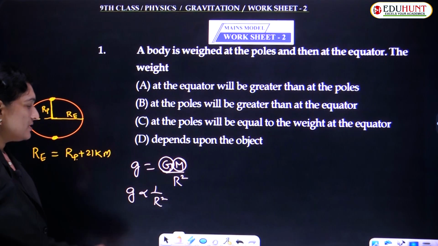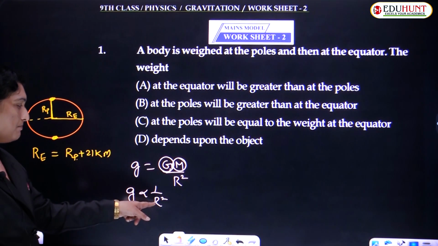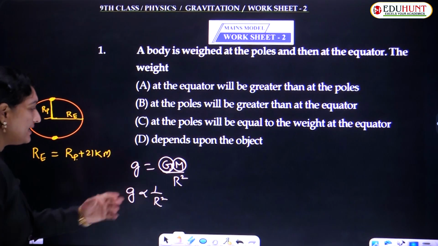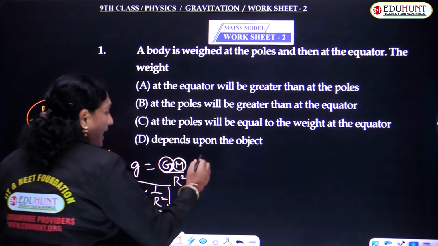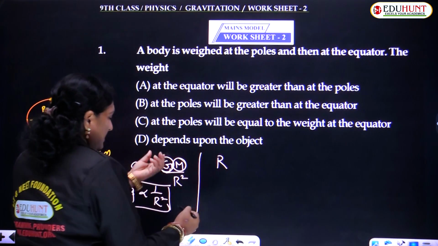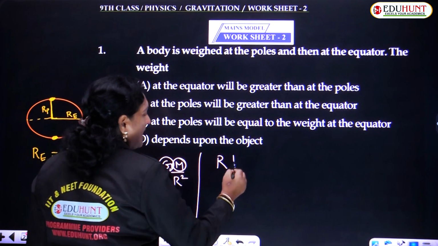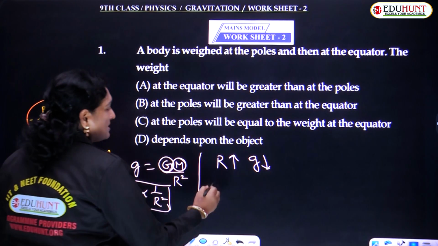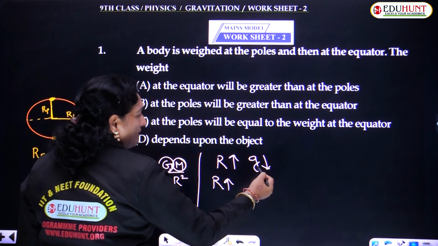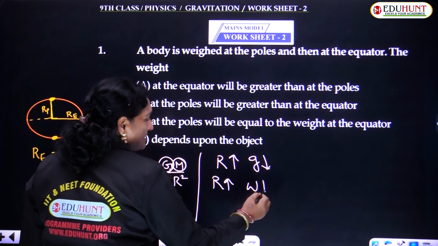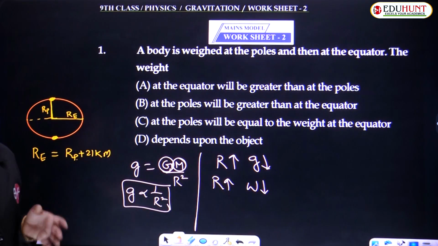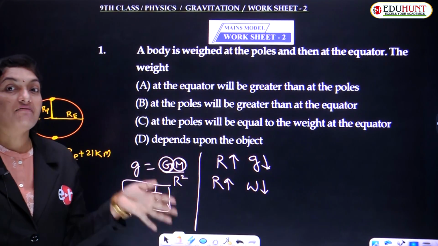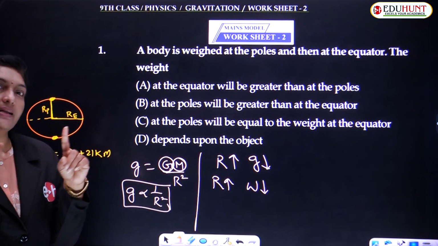Because g is inversely proportional to R square, as radius increases, the larger the radius, the lesser will be the acceleration due to gravity. Multiplying with m, the lesser will be its weight. So wherever you have larger radius, you will get lesser weight, and wherever you have lesser radius, you will get larger weight.